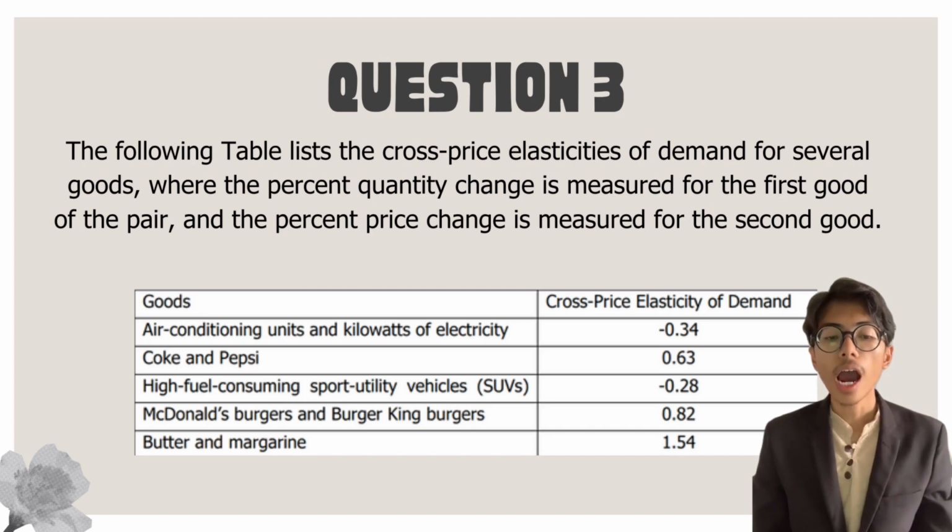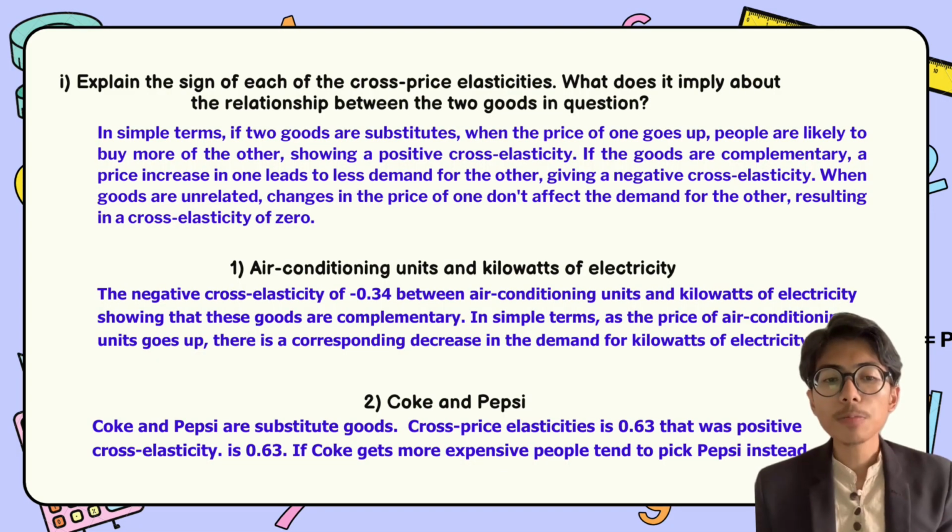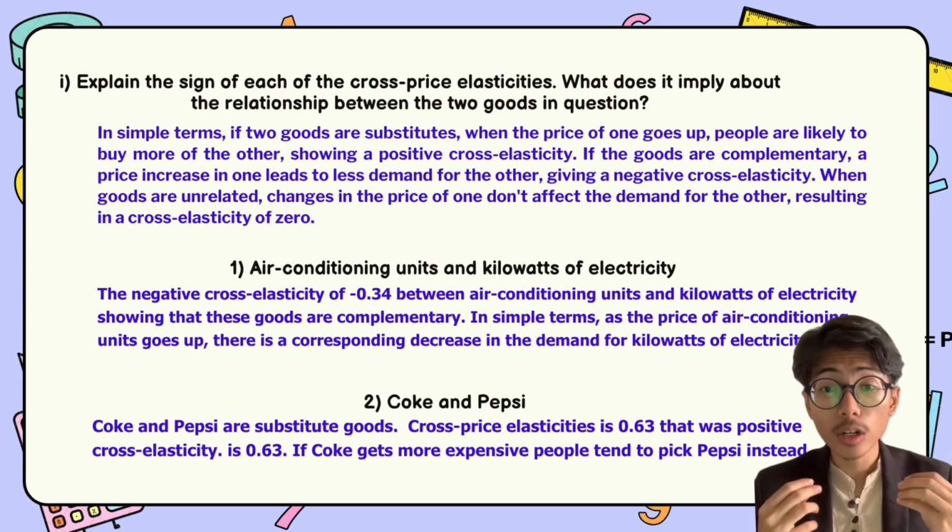Number 3, high fuel consuming sport utility vehicle, SUV, negative 0.28. Number 4, McDonald's and Burger King's burgers, 0.82. And last one, butter and margarine, 1.54. Number 1, explain the sign of each cross-price elasticity. What does it imply about the relationship between the two goods in question?